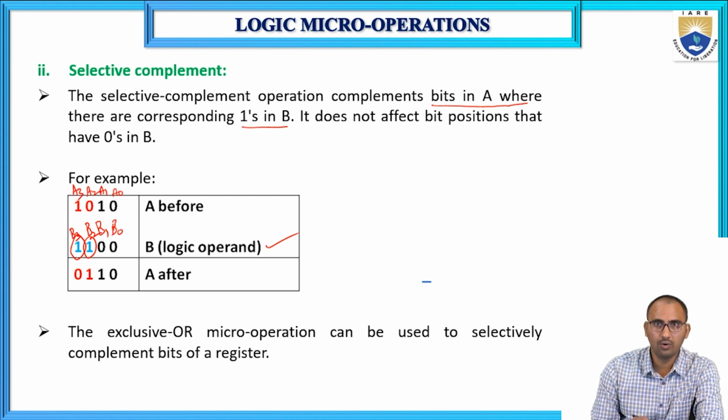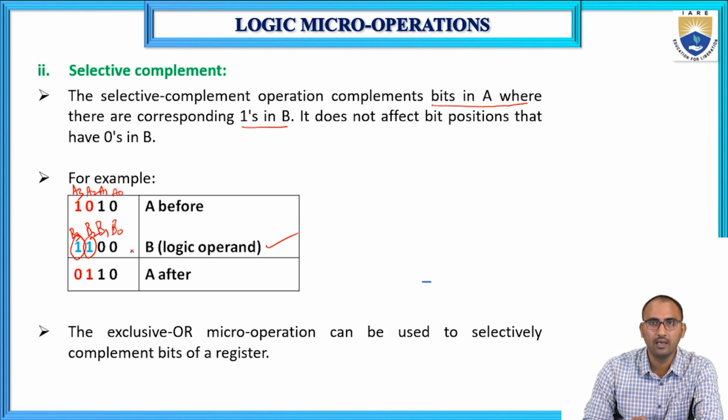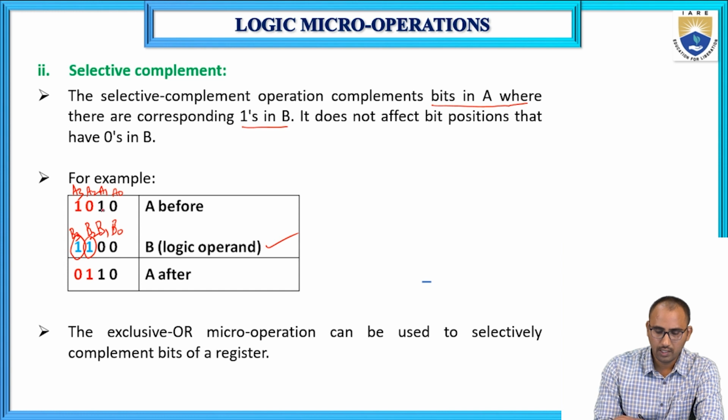Where ones are there in the B register, the corresponding bits in the A register have to be complemented. In A2, 0 is there, so that will become 1. Similarly, A3 is logic 1, so that has to be complemented and it will become 0, because ones are there in the B register.